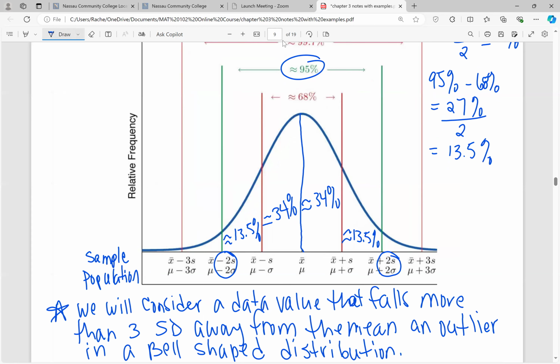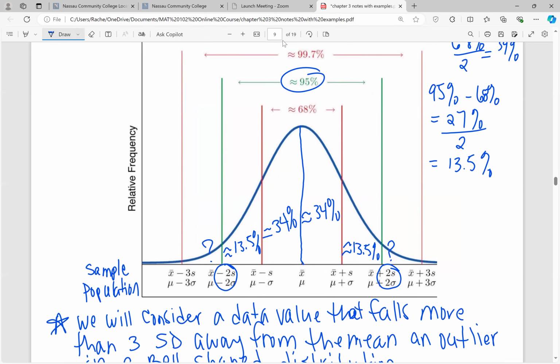So now if I want to get these little areas where I'm going to put the question marks, I'm going to take 99.7% and I'm going to subtract 95%. And then that's going to leave me with 4.7%.